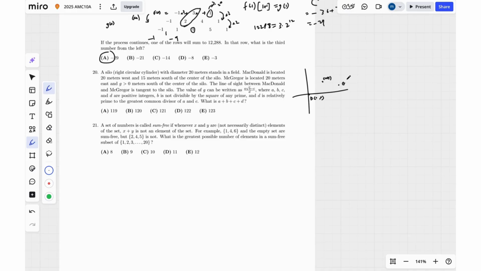And here we have McGregor, which is 40, 15 minus G. Basically, we want it so that this line is tangent to the silo.